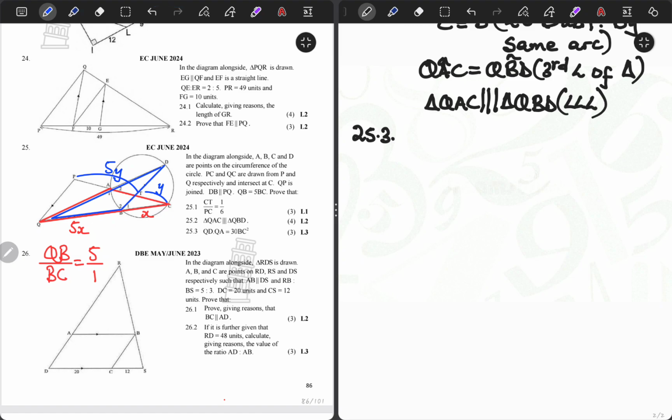So let's firstly start with the proportion. Let's derive the proportion first.